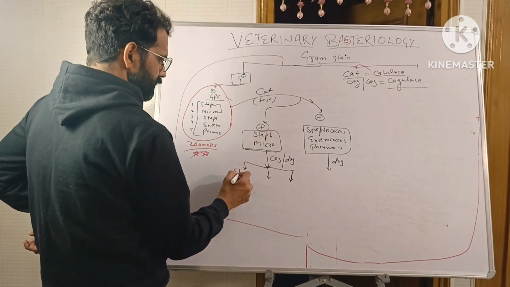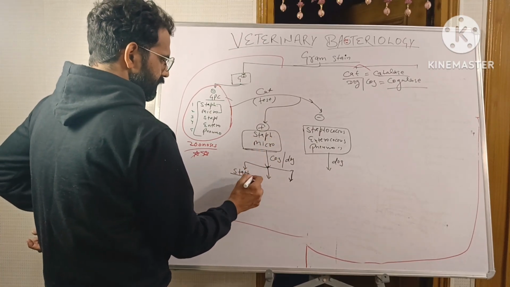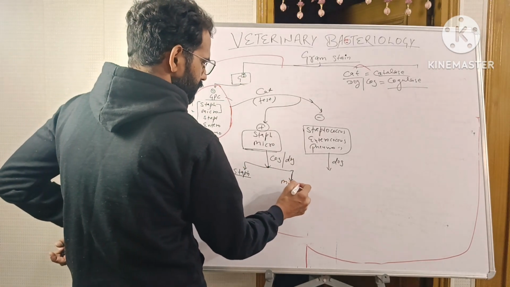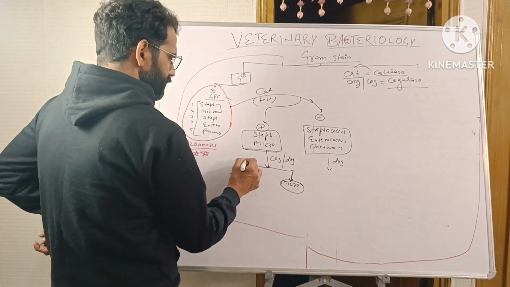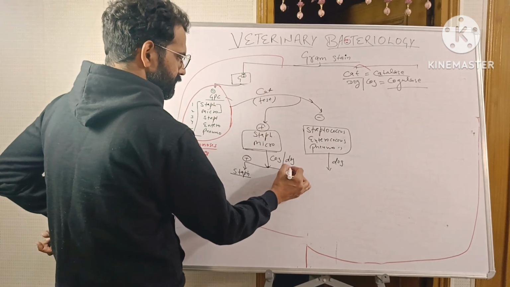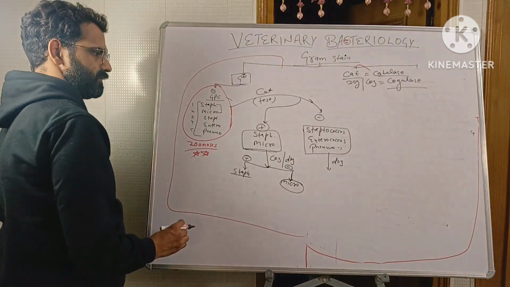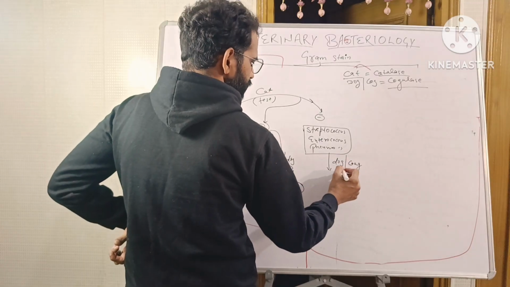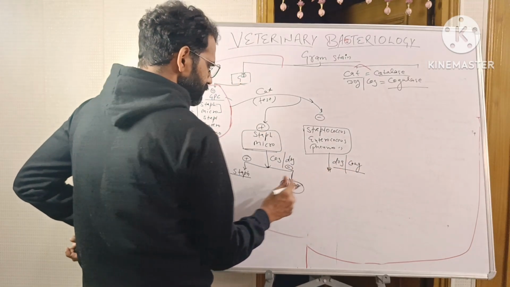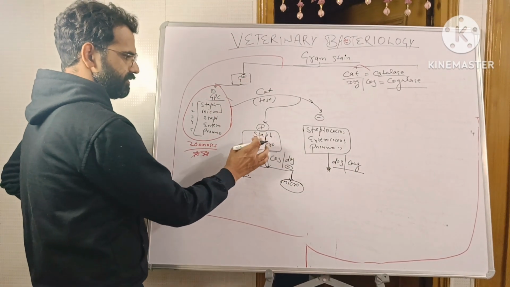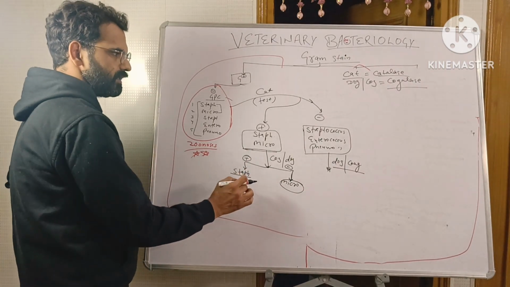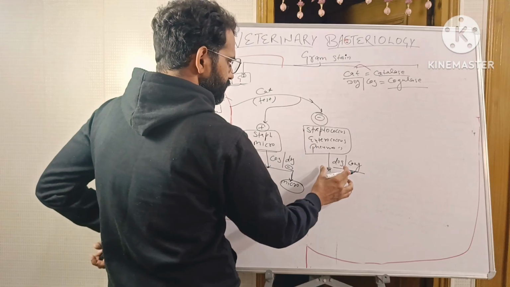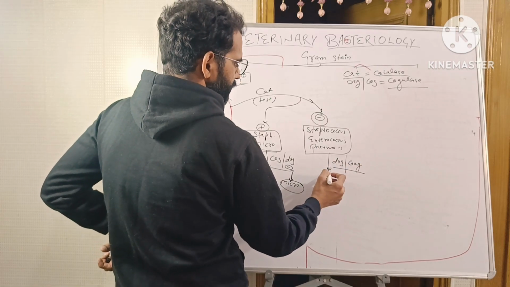Staph is positive and micrococcus is negative. On this side they are cat negative as well as dog negative.